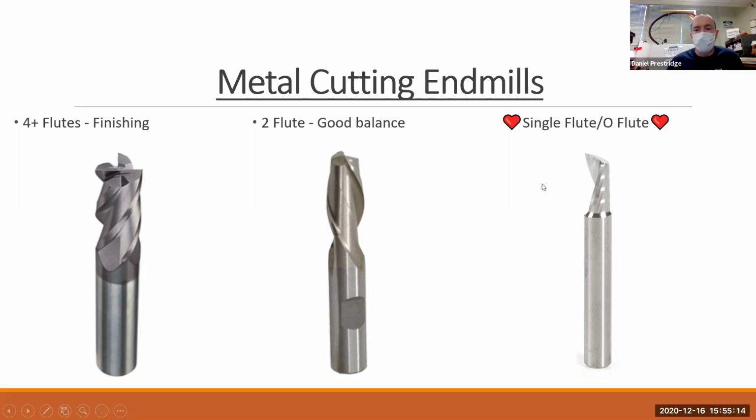But O flutes tend to move much quicker through material and clear a ton of material so you can get the job done, which is 90% of the work that I am tasked to do, like getting things done right now. So we can iterate through, break something, and then come back and fix it again.